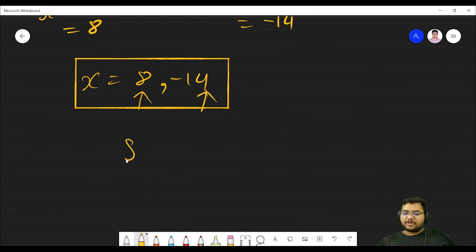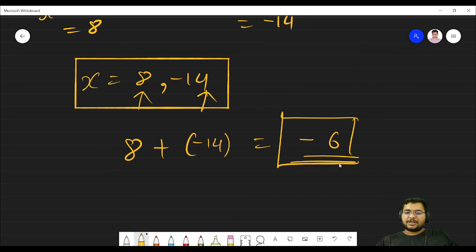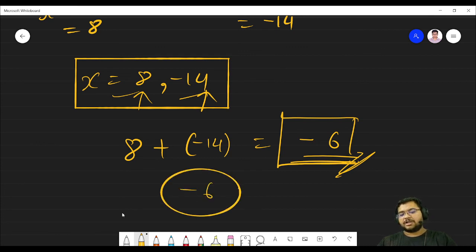Their sum will be 8 plus negative 14, which gives us -6. This is our final answer. This is not the value of x. x has two values, 8 and -14, but the sum of both values is -6. If there is an option written as -6, then that is your right answer if the question is like this.